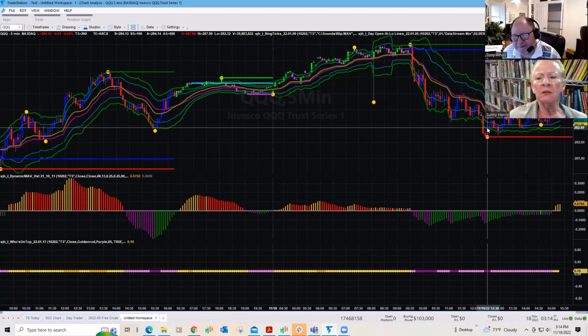And then there are some more intricate rules. So we come along, and I know already that it's not going to go to the top band, because the DMA, the golden purple, is flat. The linear regression angle of that curve right there is close to 0, isn't it? Yeah, it appears that way.